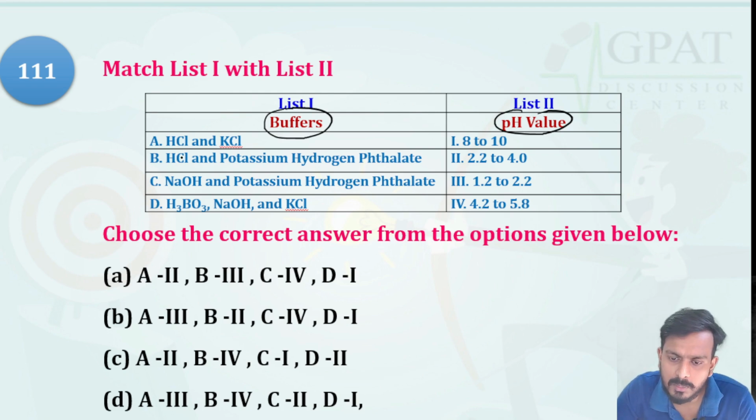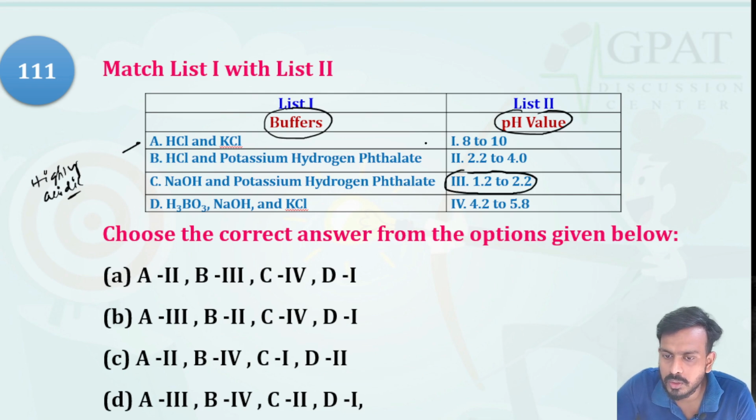So when we talk about HCl and KCl, it is highly acidic. Please remember, highly acidic means the pH should be around 1.2. So option A is 3.